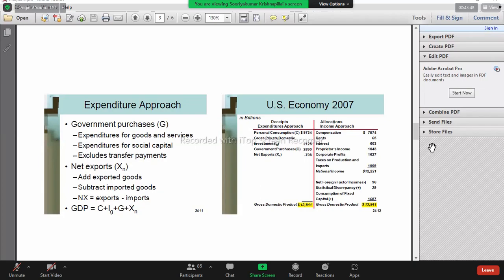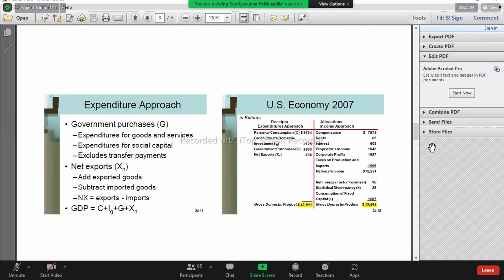So net factor income means something like net exports. The foreign factor income minus the domestic factor income is subtracted. So if the foreign factor income is more, then we will get a net minus.